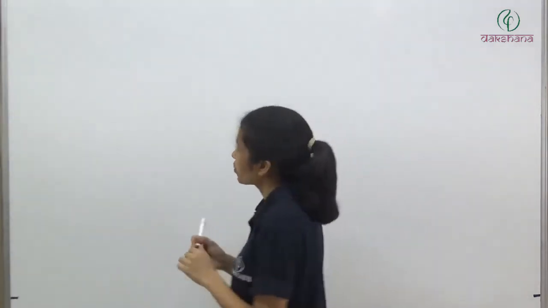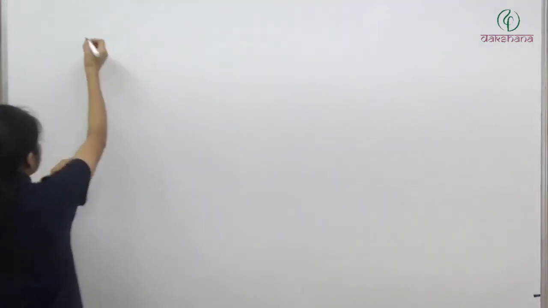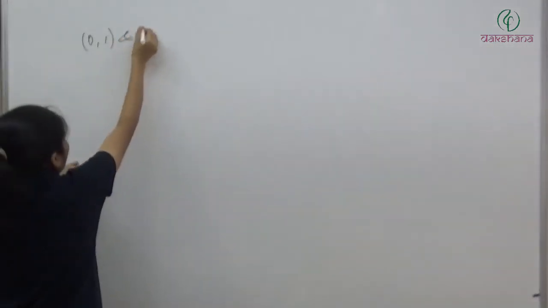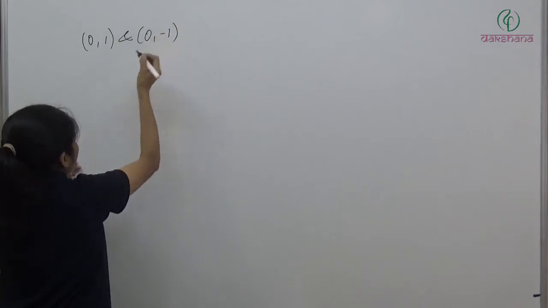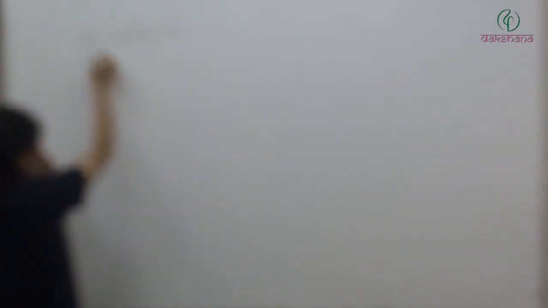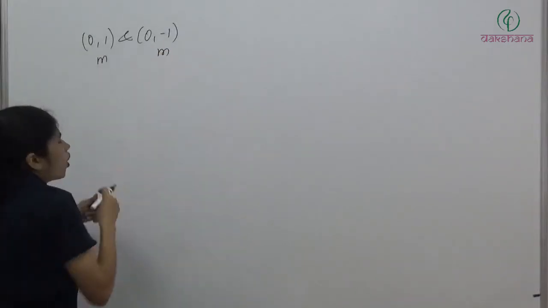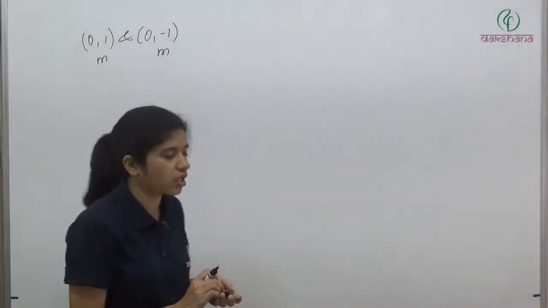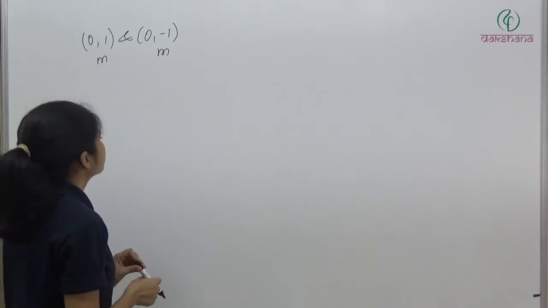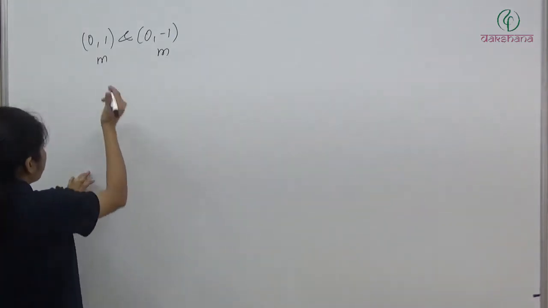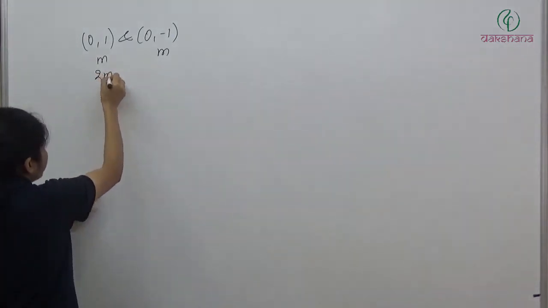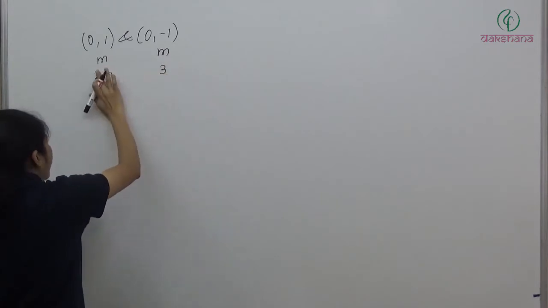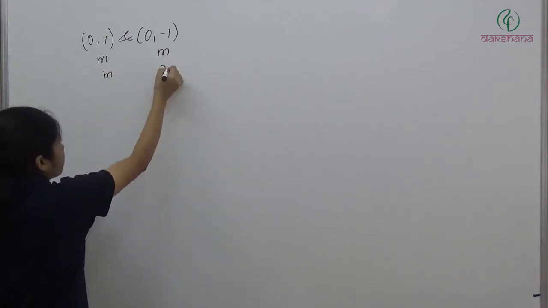So let's say in the last lecture we had taken a problem with points 0, 1 and 0, minus 1. This was the location of two masses, mass m and mass m, or 1 kg and 1 kg. Whatever mass we had taken, it was the same for both particles. Both particles were identical. Now I am saying that I am taking mass m for this and 3m for this.